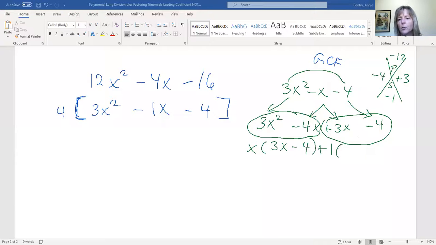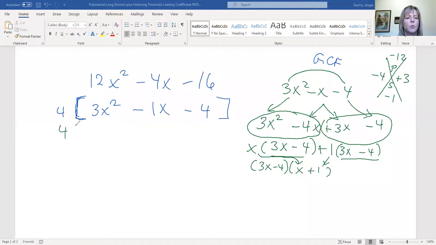That's kind of what you're forced to do now. 1 times what is 3x? 3x. 1 times negative 4. And now you have a common binomial factor. You pull that forward, and you put the leftovers, the x and the plus 1 in the second set. Then for your final answer up here, it'd be 4 times 3x minus 4 times x plus 1. So we don't forget this original GCF.